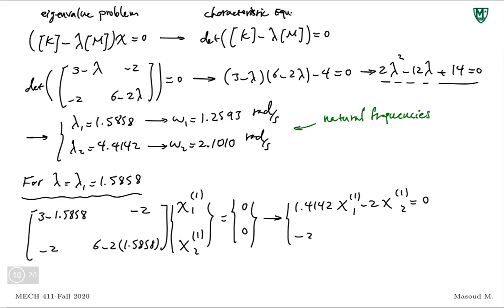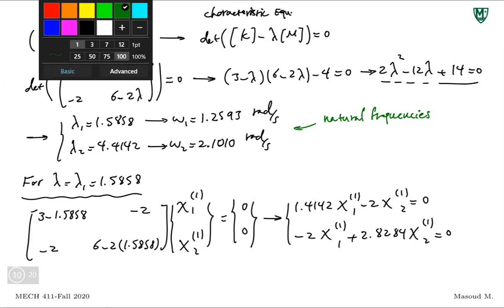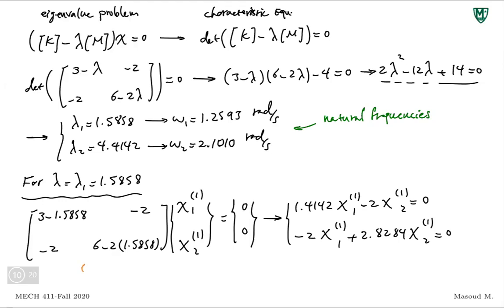And the second one would be minus 2 x11 plus, 6 minus that value turned out to be 2.8284, x12 is equal to 0. I do what I always do. Take one as a free variable.